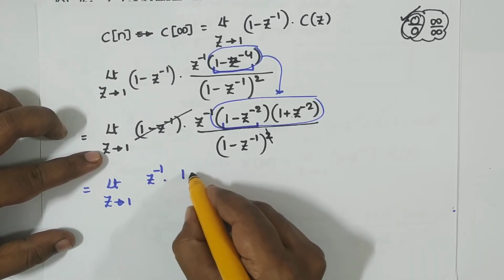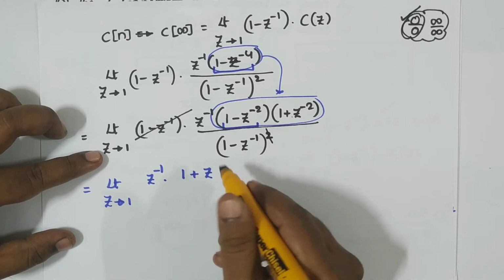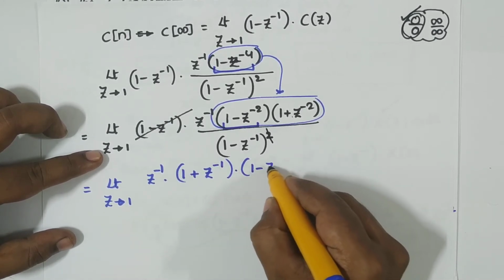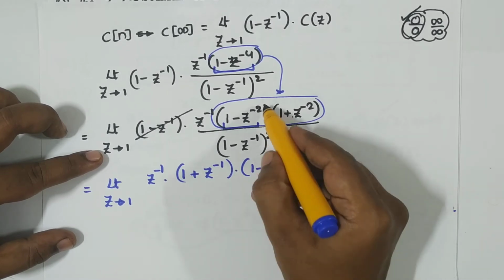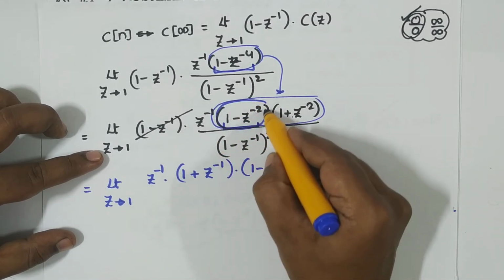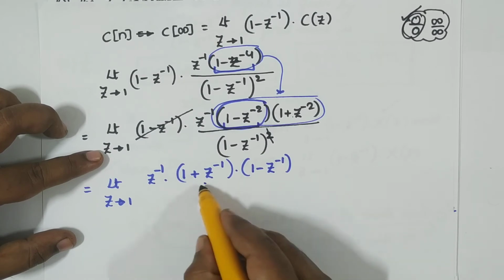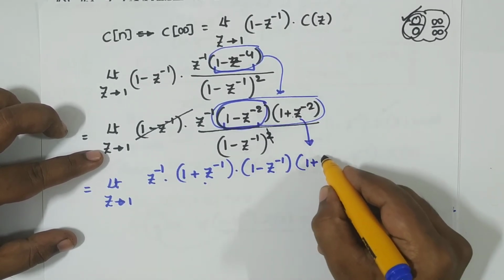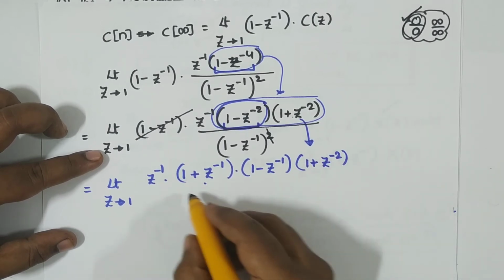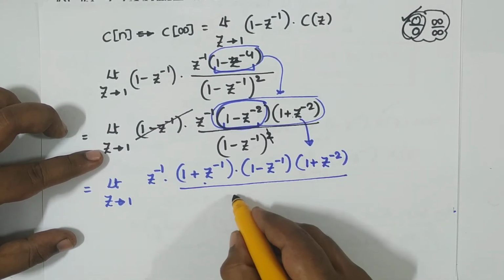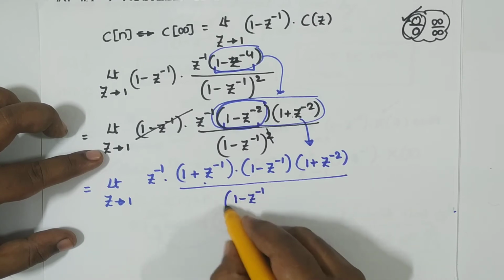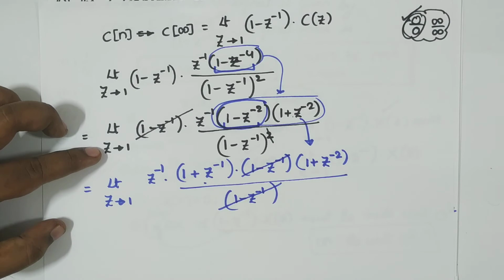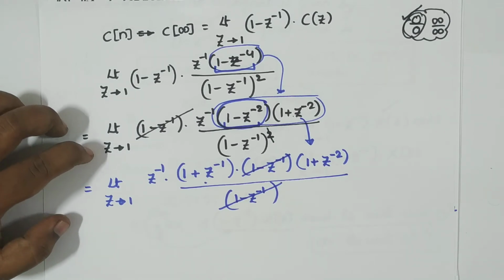So I can make it like this: (1 + z^-1) multiplied by (1 - z^-1). So 1 - z^-2 is nothing but the multiplication of these two factors. Now here we have 1 + z^-2 all divided by (1 - z^-1). So happily again these two are ruled out.